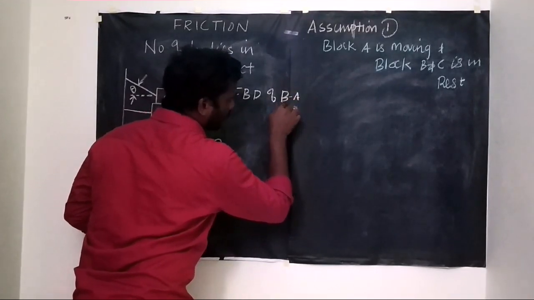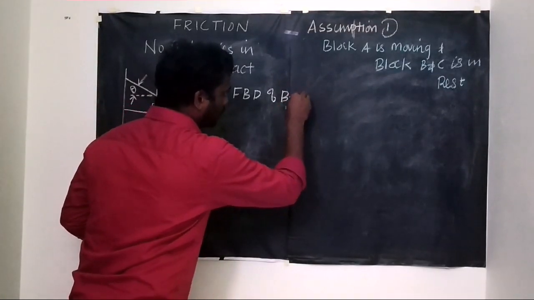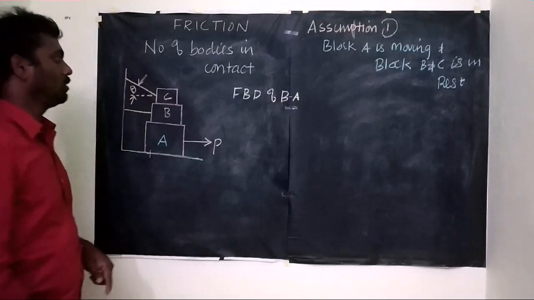Here B represents block B, and A represents block A. Don't confuse yourself.